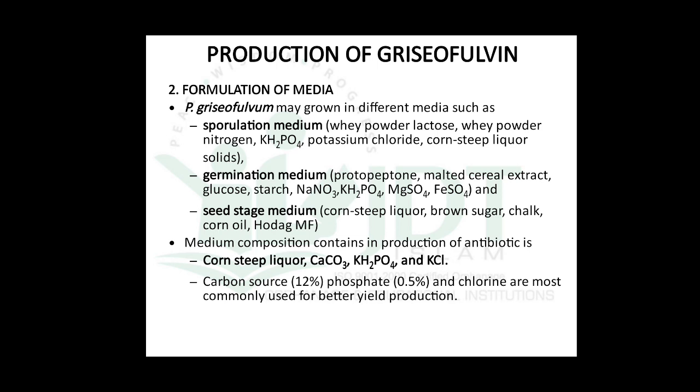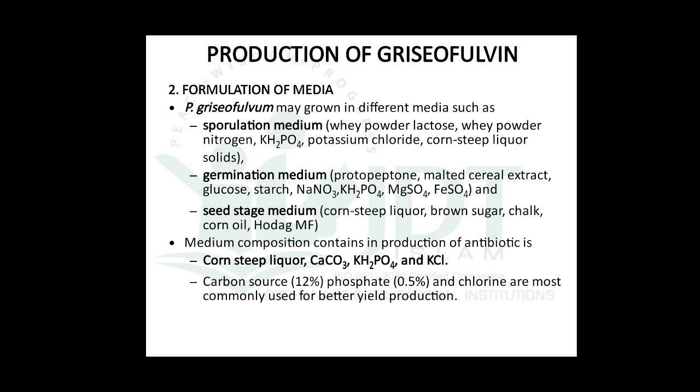Then germination medium with proteose peptone, malted cereal extract, glucose, starch, sodium nitrate, sodium hydrogen phosphate, potassium dihydrogen phosphate, magnesium sulfate, and ferrous sulfate. And for the seed stage medium, corn steep liquor, brown sugar, chalk, and corn oil are mainly used.